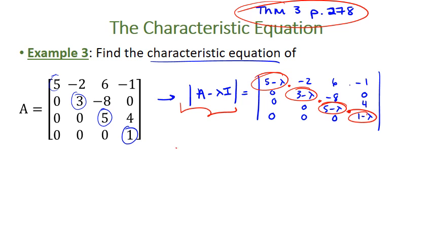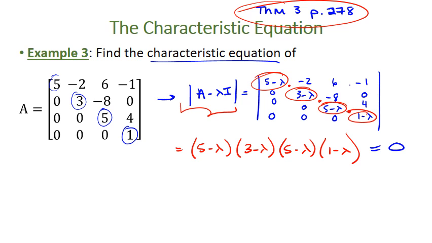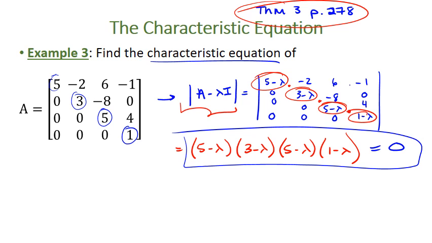You may or may not remember that from previous sections. So I end up multiplying each of these values found at the diagonal. So that is the determinant. Remember, if I set this equal to 0, then that will give me the characteristic equation.